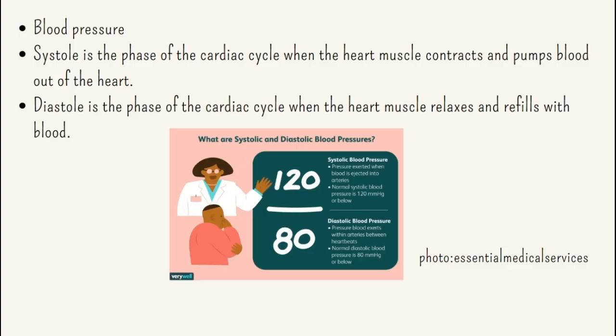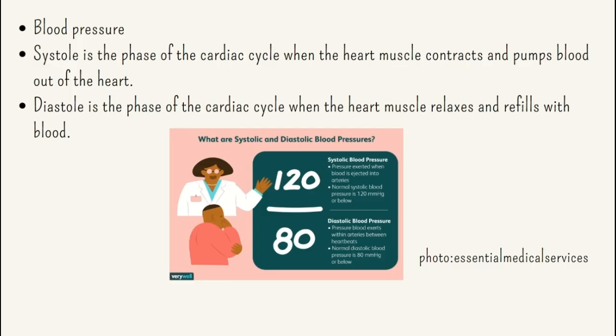Then the diastole is the phase of the cardiac cycle when the heart relaxes and refills with blood. If you look at the diagram, the top number, the bigger number, is the systolic number, which tells when the heart contracts and pumps blood out of the heart.